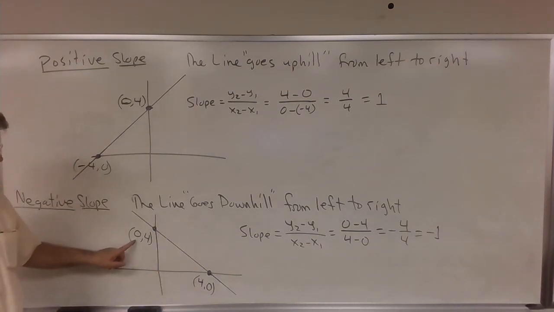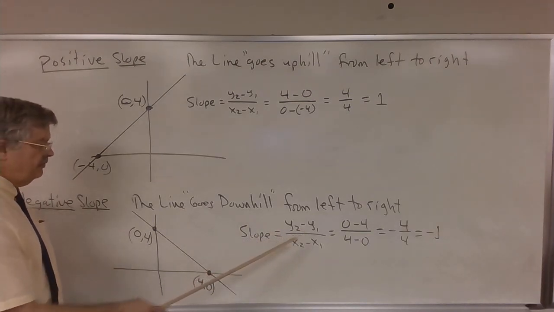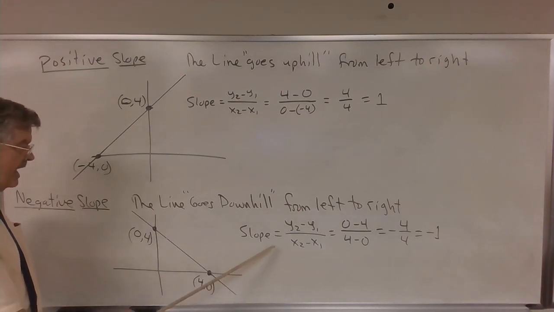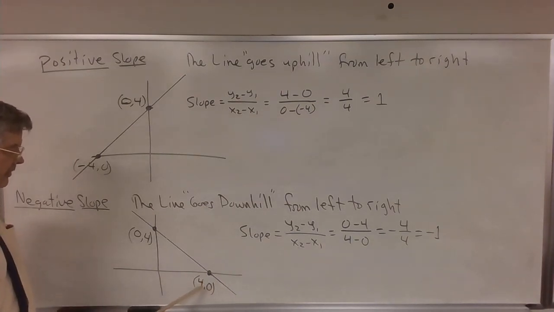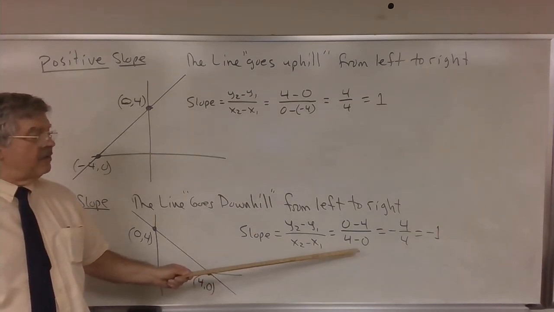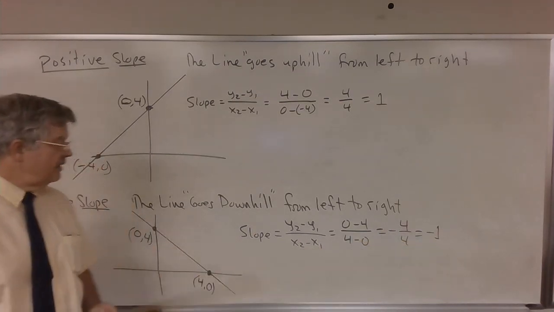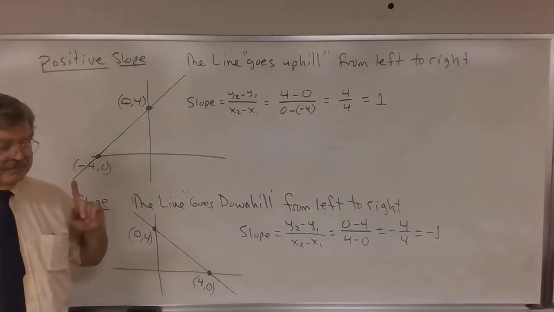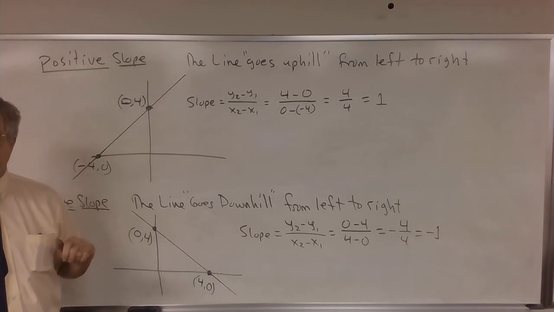We'll let this be x1, y1. So y2 minus y1, that's 0 minus 4. x2 minus x1, that's 4 minus 0. We crank that out and we get a slope of negative 1, which explains why the graph goes downhill from left to right.